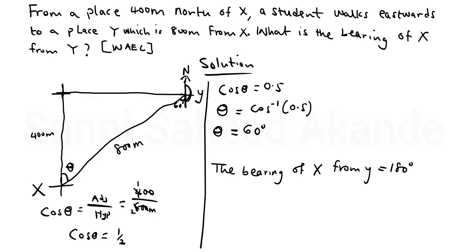Then that 180 plus this calculated 60 degrees will give me the bearing of X from Y. Okay, and 180 plus 60 degrees will give me 240 degrees. So that is the bearing of X from Y. Understood? Okay, so let's take a look at another question.